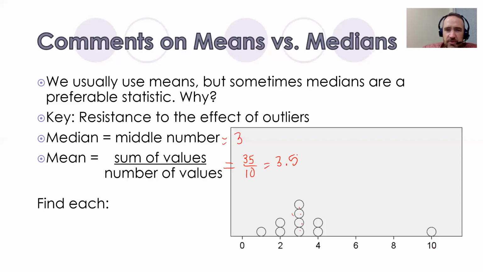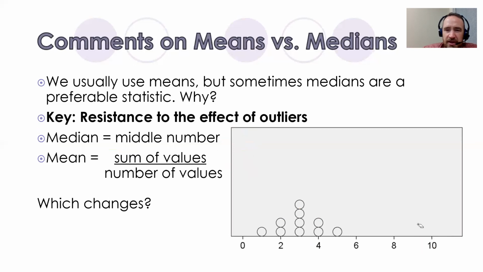A big question is which of these, 3 or 3.5, gives us a better picture of what's typical in this data? And for the most part, we should agree that the median does a better job here. The 3.5 is up here above most of the data, pulled up by this 10, whereas the median has not been affected by that 10 and gives us a measure of center that's more truly toward the center of the data.